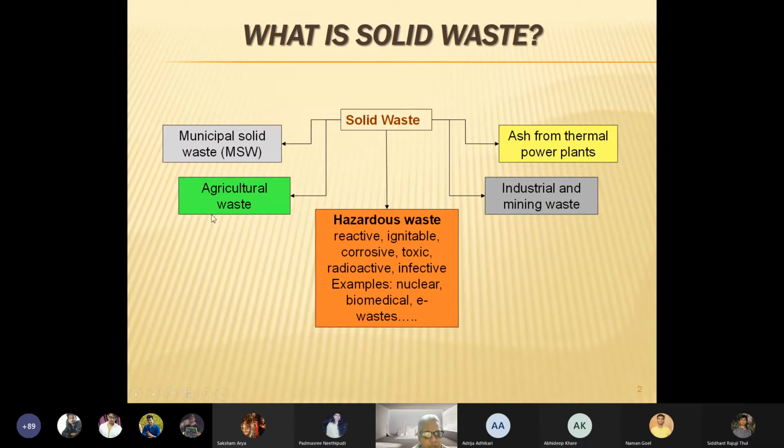So we have solid waste, and you can see 5 categories over here. You have municipal solid waste, agricultural waste, ash from thermal power plants, and industrial and mining waste. These are the 5 major categories of solid waste.